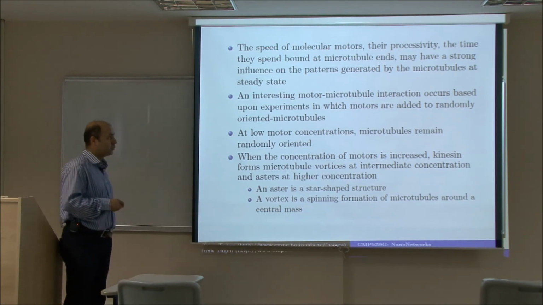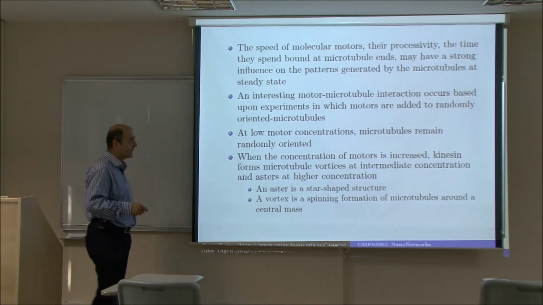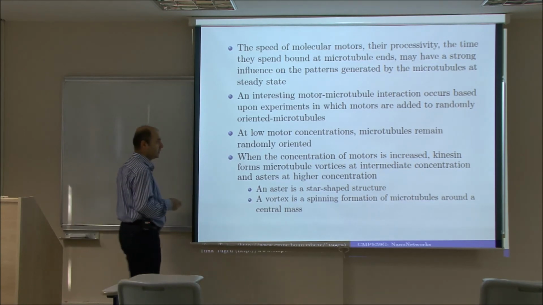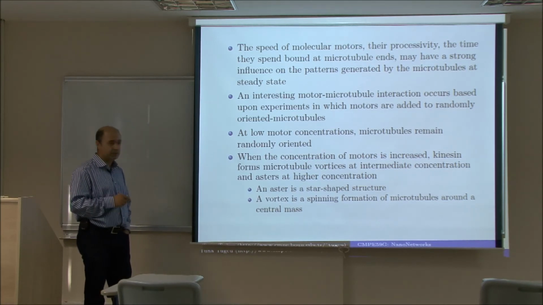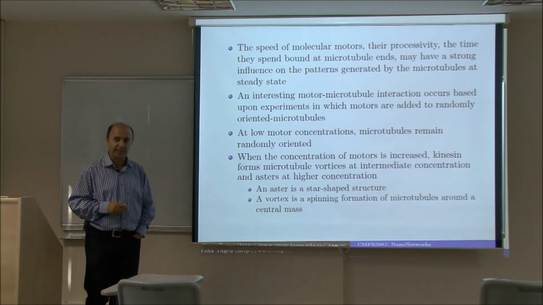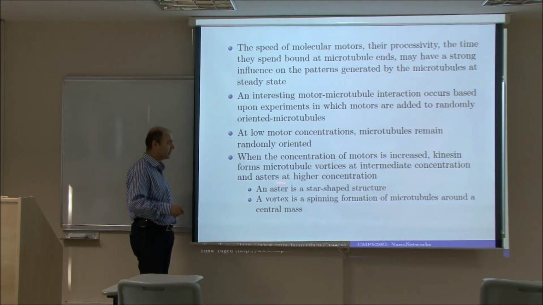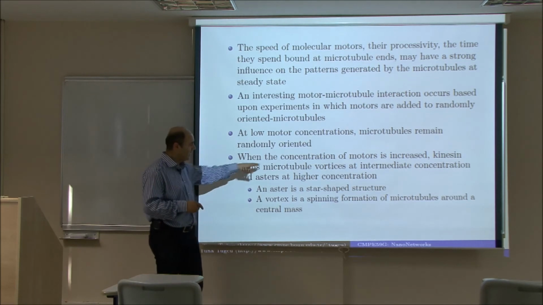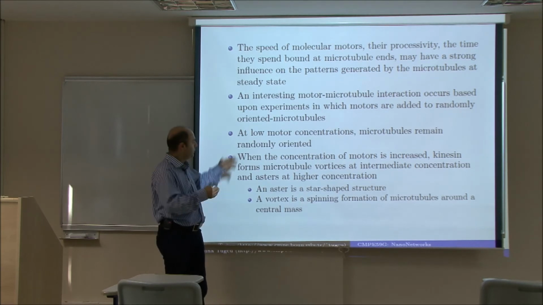An interesting motor-microtubule interaction is shown in experiments in which the motors are added to randomly oriented microtubules. At low motor concentrations, the microtubules remain randomly oriented. However, when the concentration of the motors is increased, kinesin forms microtubule vortices at intermediate concentration and asters at higher concentrations. Now, what does that mean? When the concentration of the motors is low, the microtubules appear to be randomly oriented.